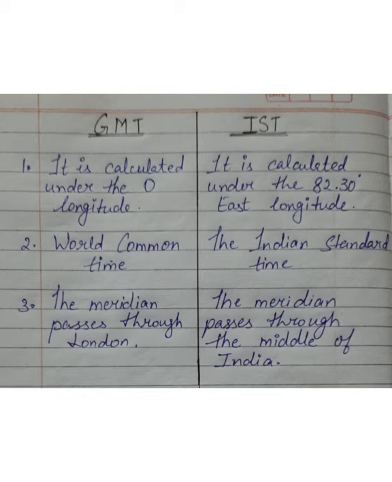So GMT is a world common time, IST is Indian Standard Time only. The GMT meridian passes through London and IST passes through the middle of India. As we all know, India is located towards the east of GMT, Greenwich. So the IST is ahead of GMT by 5 hours and 30 minutes.